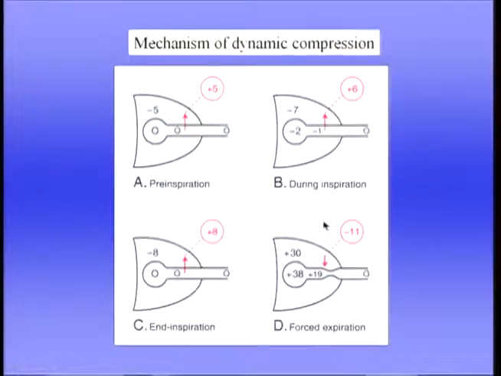Now, it turns out that this is a very important mechanism in patients with lung disease. There are at least 3 factors why a patient with chronic obstructive pulmonary disease tends to exaggerate this mechanism of dynamic compression.